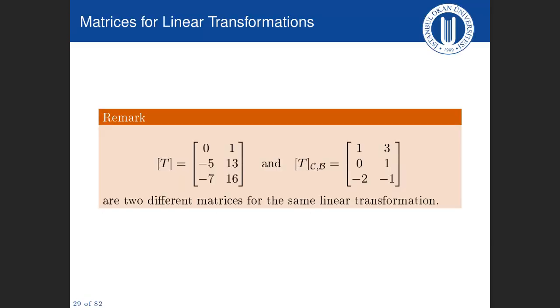So we have two different matrices for the same linear transformation: the standard matrix on the left, and on the right the matrix for T relative to these new bases, B and C.